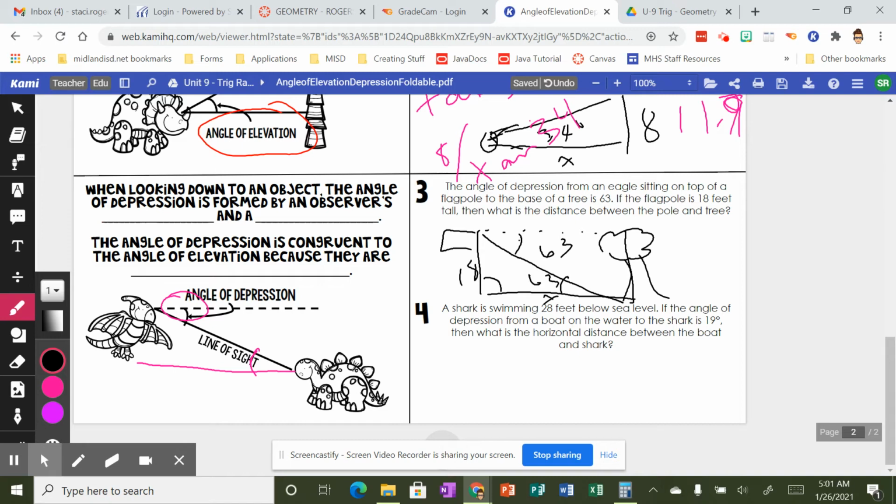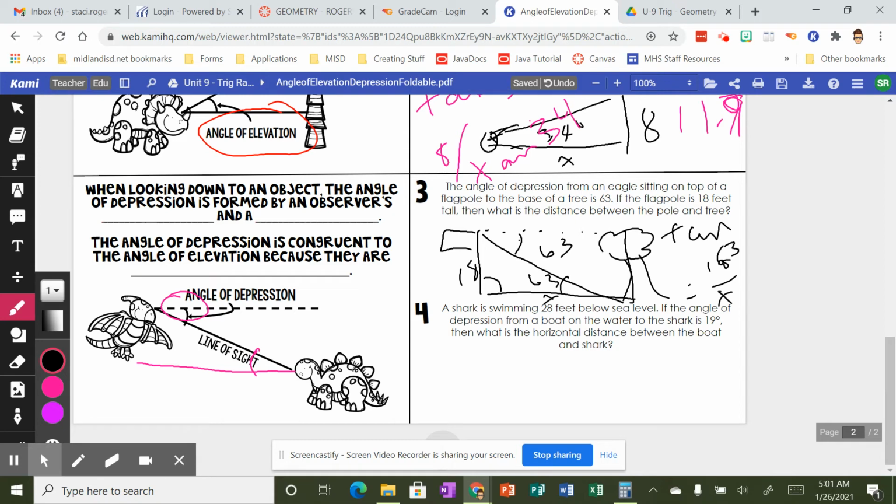So I can do opposite over adjacent, tangent of 63 equals 18 over x. Sorry, my handwriting's terrible, and they didn't leave a lot of room.